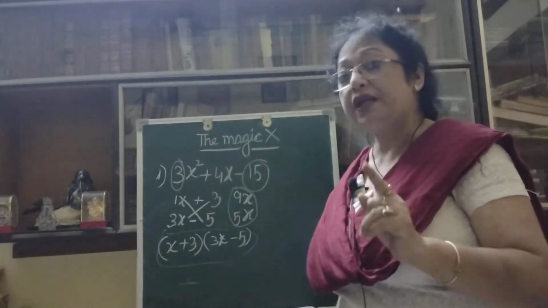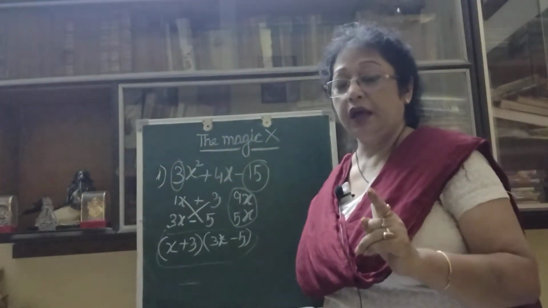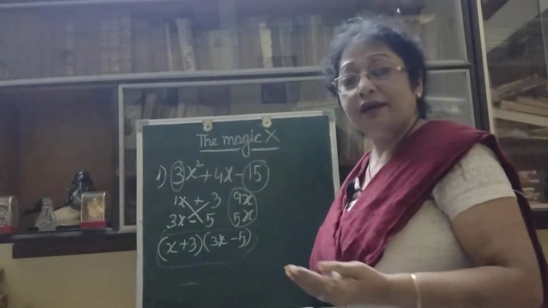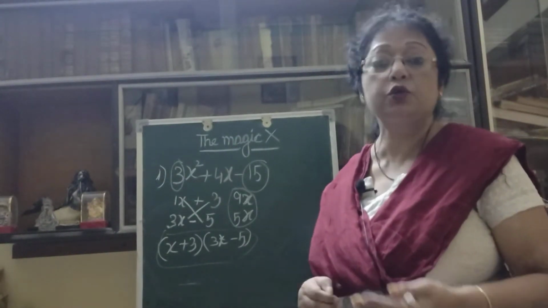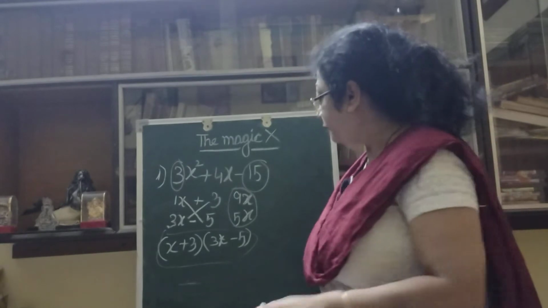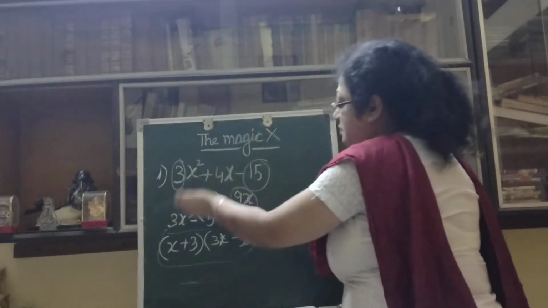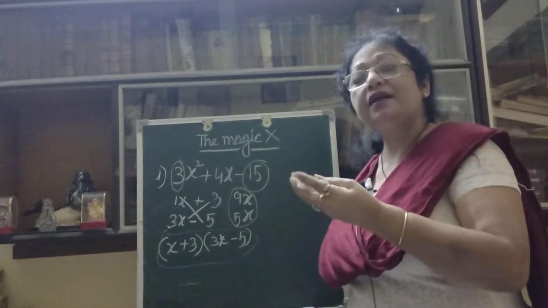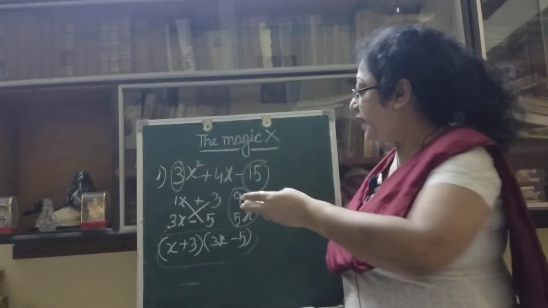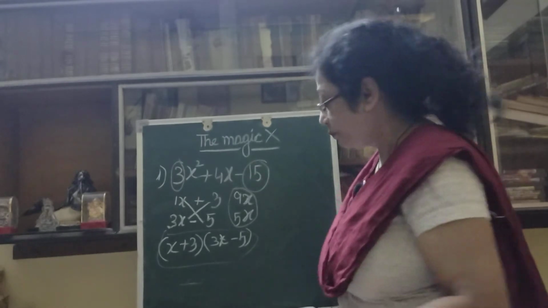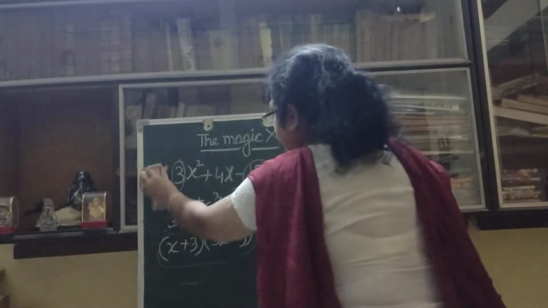Okay, what bothers everybody is that they can't understand which two factors we have to take. So, to solve that problem, you use this magic cross trick and find out the factors and split the middle term. Okay, let us take one more example.